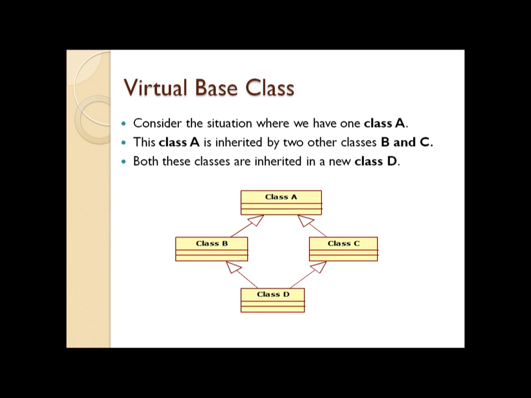So far we have completed this. Before starting virtual base class, I want you to recall the concept of multiple inheritance and hierarchical inheritance. Multiple inheritance says that if we have many parent classes and we want to derive a single class, then in such a situation we apply multiple inheritance.